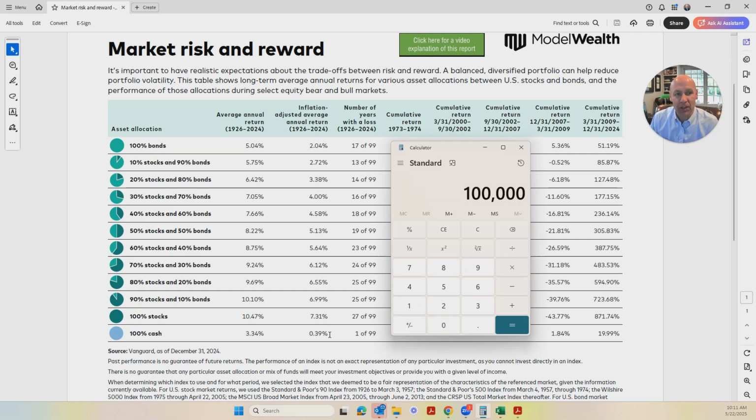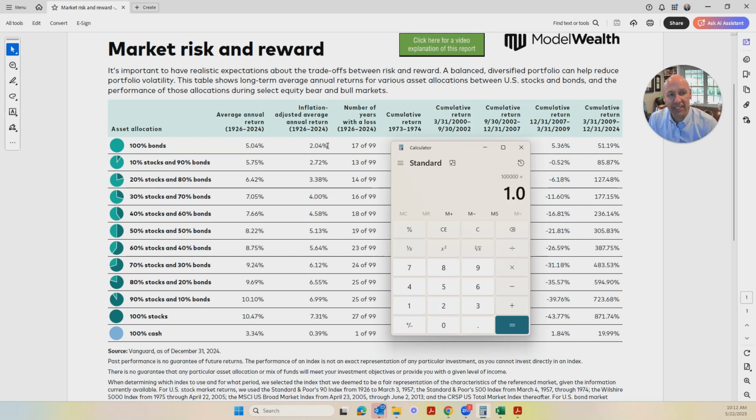If we take that same 100,000 and instead multiply times 1.0204, which would simulate the historical inflation adjusted average annual returns of the bond market. Again, these are not guaranteed by any means, but we're just applying historical returns to the next 20 years to give you some ideas.